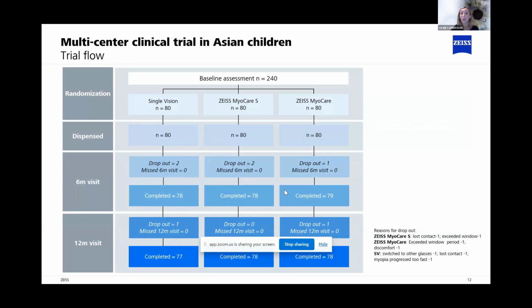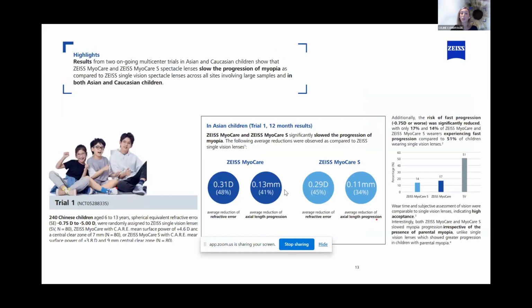What is really interesting to see here is that we have a very low number of dropouts, which is a very good sign. It means that the adaptability is very high. So after 12 months, when we compare to the control group, we are already slowing down the myopia by 0.31 diopter with MyoCare hard design, and 0.13 millimeter for the axial length.